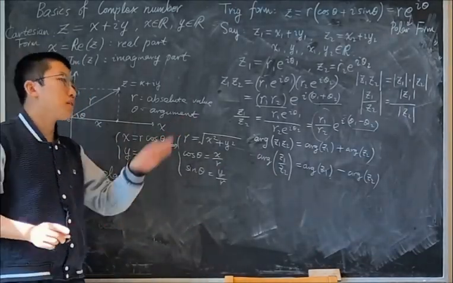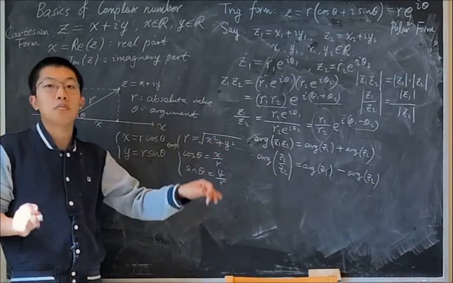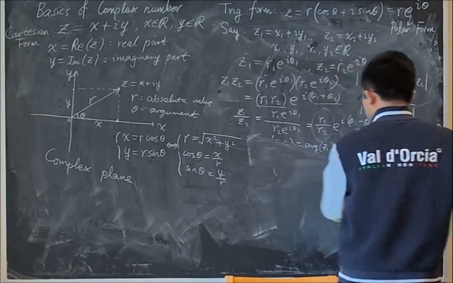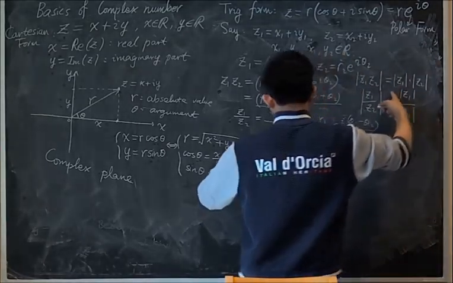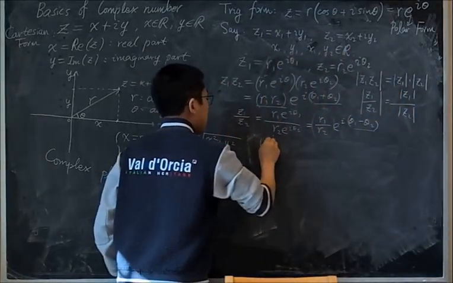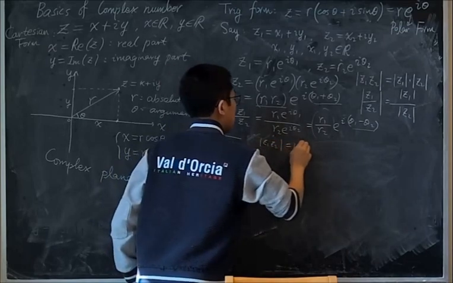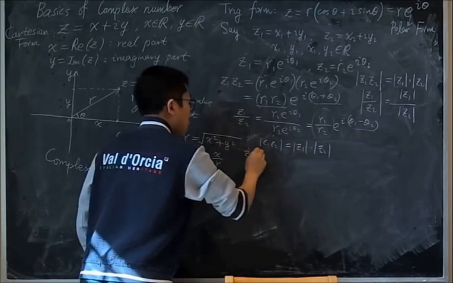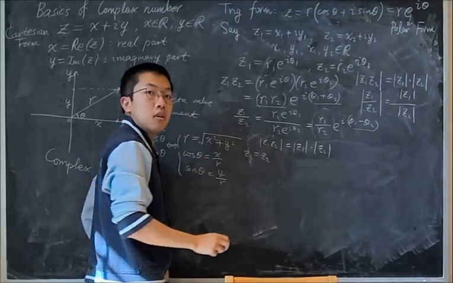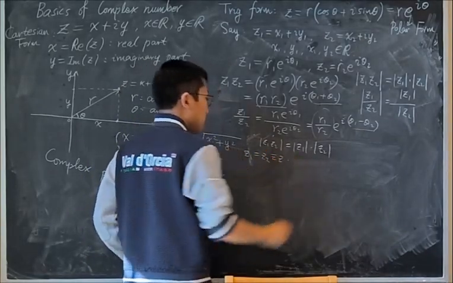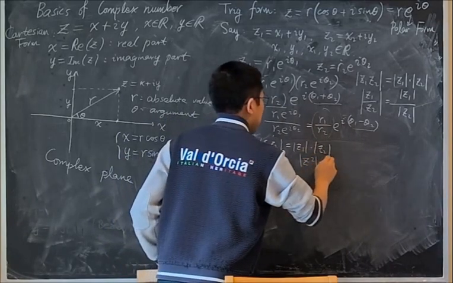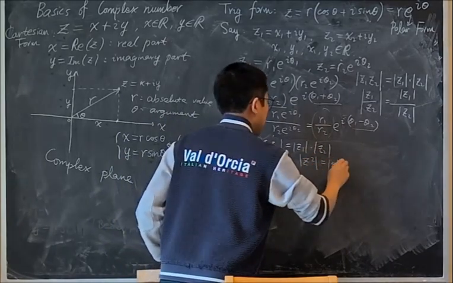Of course, we can extend this property a little bit. For example, this one: the absolute value of Z1 Z2 equals the absolute value of Z1 times the absolute value of Z2. If Z1 equals Z2, for example, we call it Z, obviously Z to the power of 2 equals to like this.